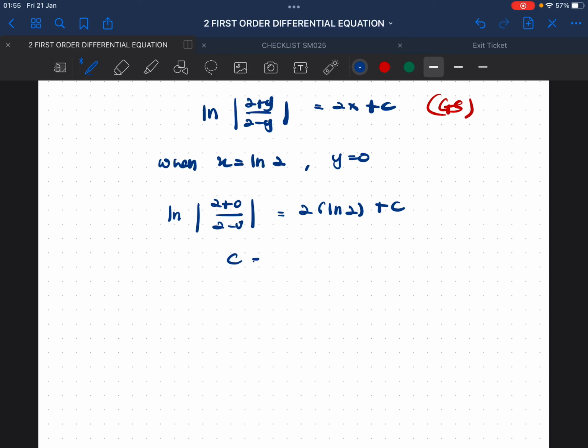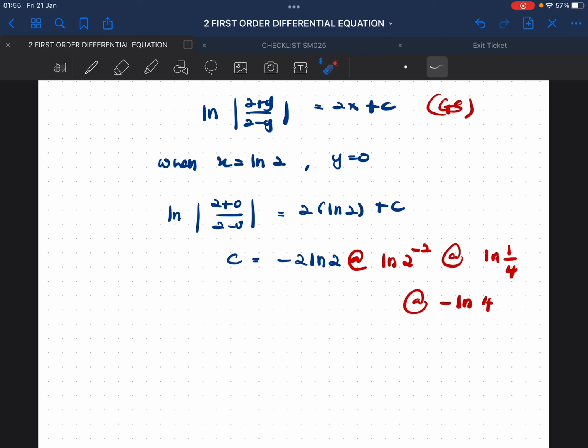So we have c equals to negative 2 ln 2, which can also be written as ln 2 power negative 2, which also can be written as ln 1 over 4, which also can be written as negative ln 4. Okay, so ini semua sama je. Okay, basically rules of logarithm depends on the question. Depends on the choices of answers. Okay, kalau subjective, anything diterima asalkan betul lah.